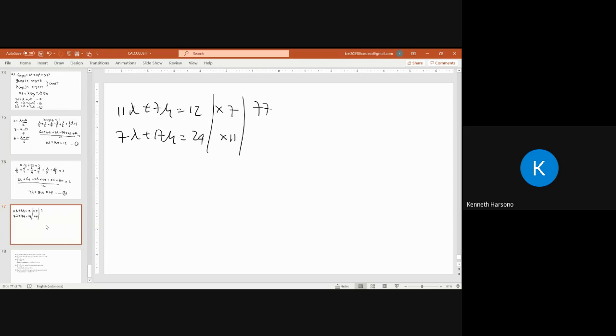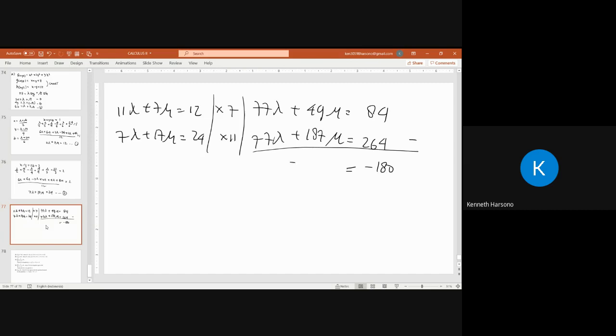So 77 lambda plus 49 mu is equal to 84. 77 lambda plus 187 mu is equal to 264. Eliminate the lambda, subtract, so this one is minus 180. This one is minus 138 mu.